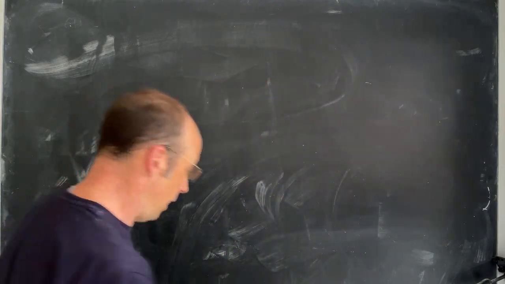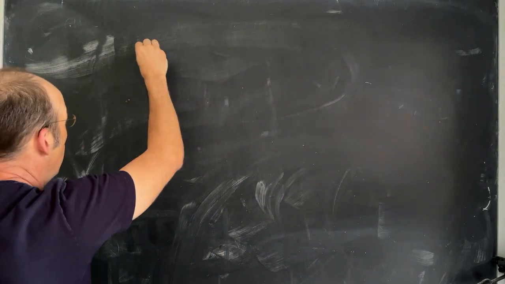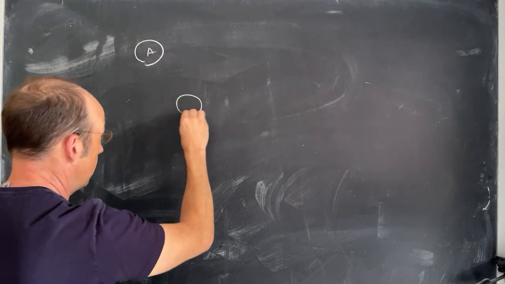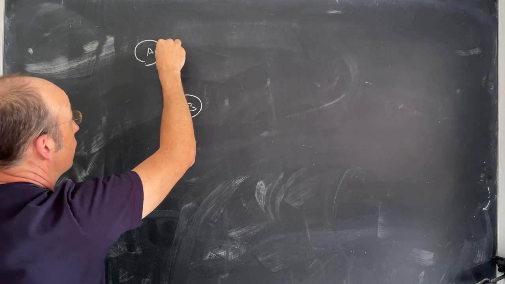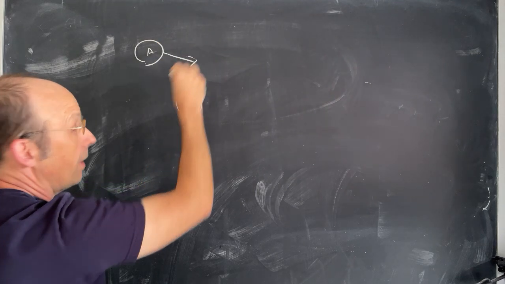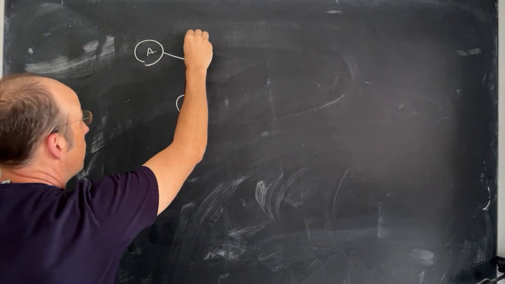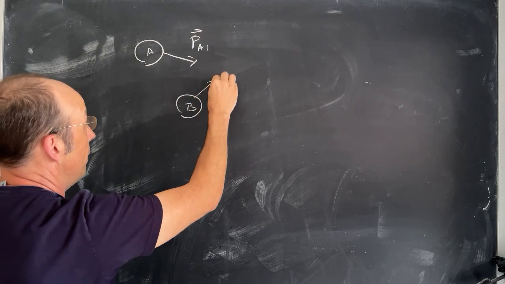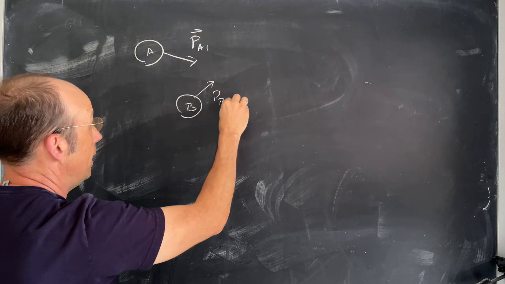So let's imagine that we have 2 objects. I have object A and object B. And object A is moving this way, and I'm just going to say it has a momentum P_A1, and this has a momentum P_B1.